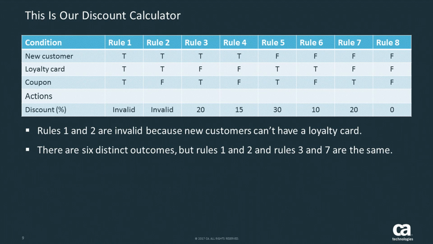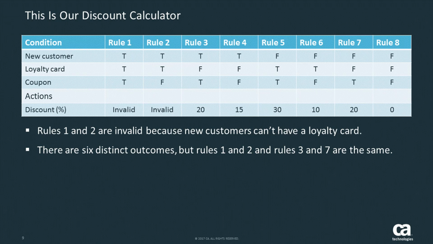Now, this is the same example, but I'm going to talk through how the discount calculator actually works. And I'm going to use this as the basis of a demonstration of how ARD uses decision tables. Now, one of the things you might notice is you can see that rules 1 and 2 both have an invalid action, an outcome if you like. And this is because new customers can't have loyalty cards.